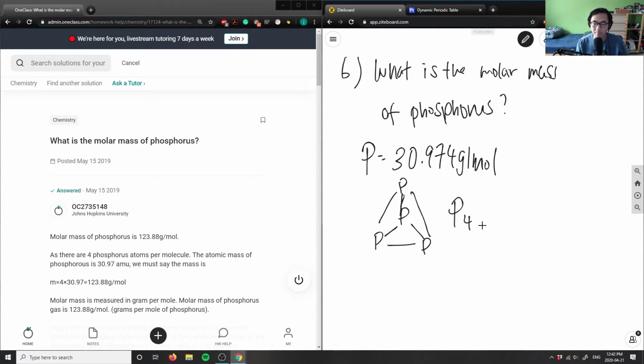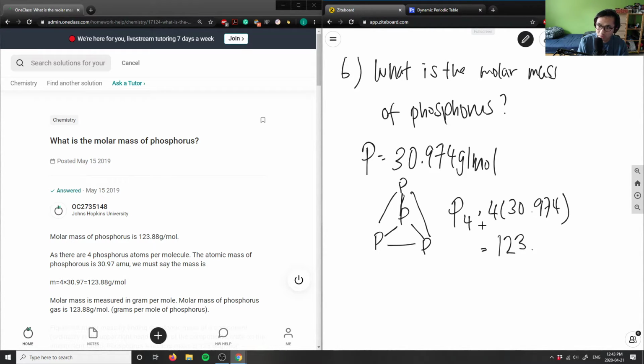Tetraphosphorus here is our chemical formula for phosphorus. And if I want to figure out the molar mass, it's simply 4 times our molar mass of phosphorus, 30.974. So again, 4 times 30.974 equals 123.89.